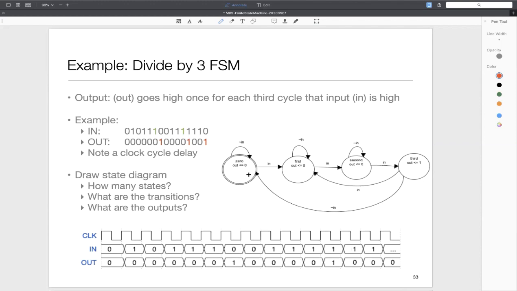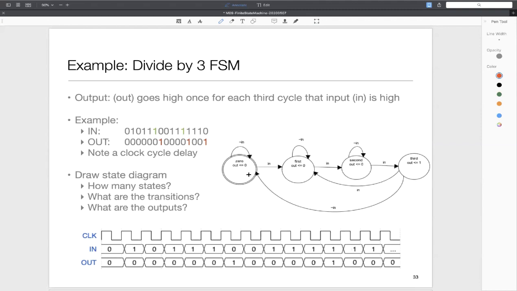So the idea here is that we want to create a state machine which is doing a divide by 3 operation, but what it is doing is the following: every time it sees a sequence of 3 ones, it replaces it by a single one.